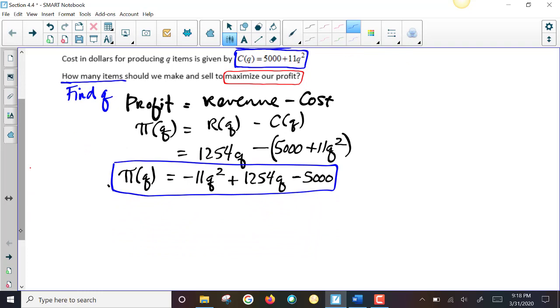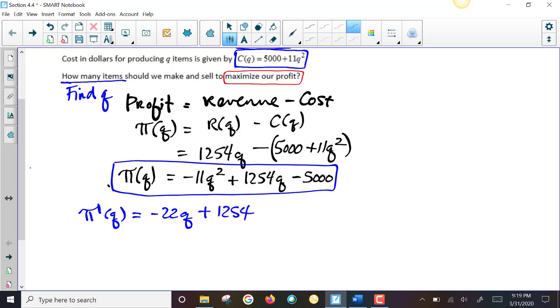Okay, so we're looking to find the quantity that will produce maximum profit, which means we need the derivative. So the derivative of the profit function would be negative 22Q plus 1254.